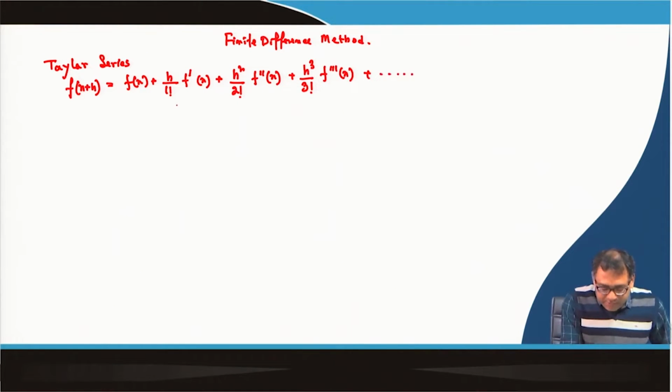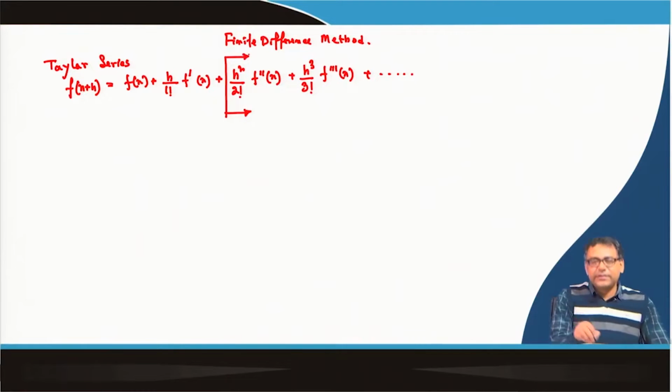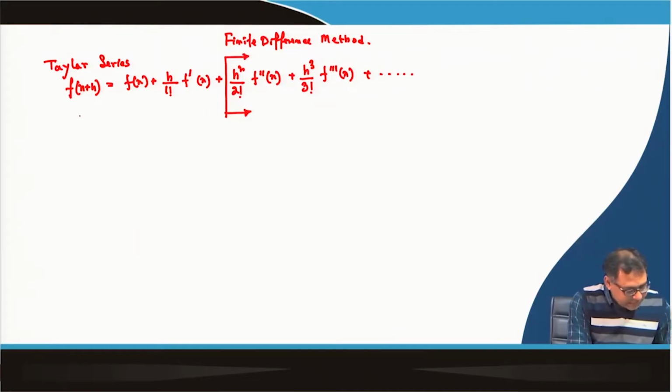Now, if I neglect the h square onward terms, I can write that h f'(x) is equal to f(x+h) minus f(x).